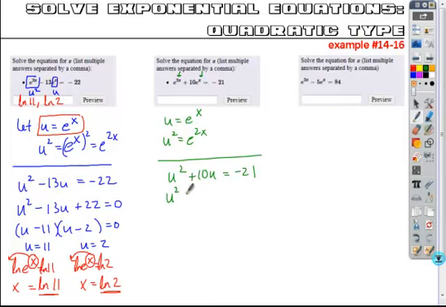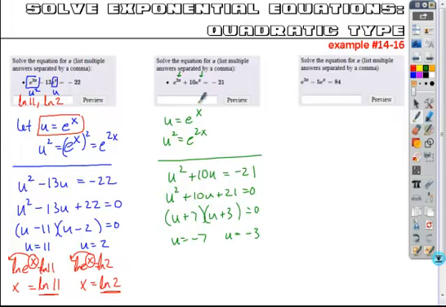So when you go through the same process that we did before, add 21 to both sides, and then solve it by factoring, we get two binomials u, the two factors of 21 whose sum is positive 10 is plus 7 and plus 3, giving us u equals negative 7 and u equals negative 3.